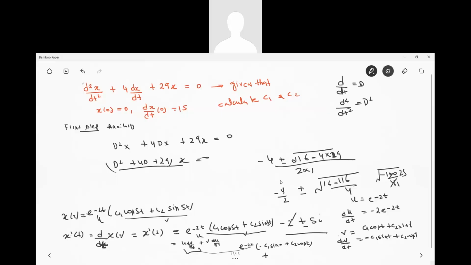Then v is c1 cos 5t plus c2 sine 5t, into du by dt, which is minus 2 e power minus 2t.